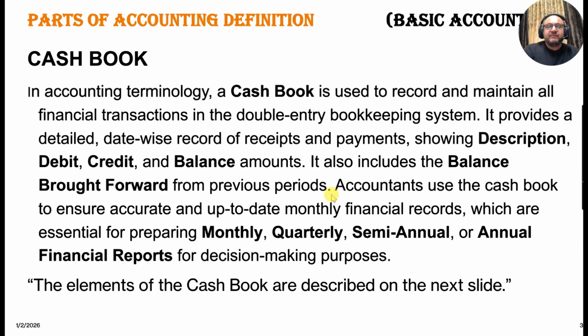After that, accounting uses the cash book to ensure accurate and updated monthly financial records, which are essential for preparing monthly, which is for 1 month, quarterly, which is for 3 months, semi-annual, which is for 6 months, or annual, which is at the end of each year, financial reports for decision-making purposes. Why?